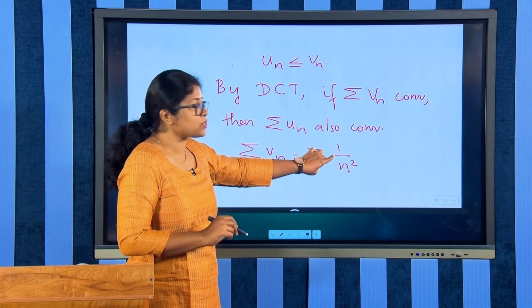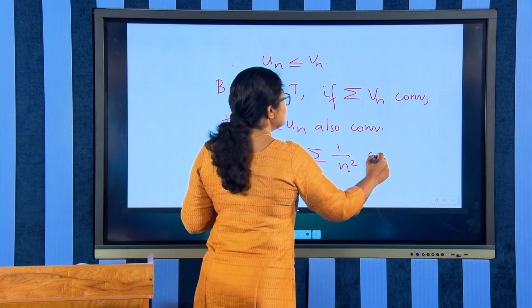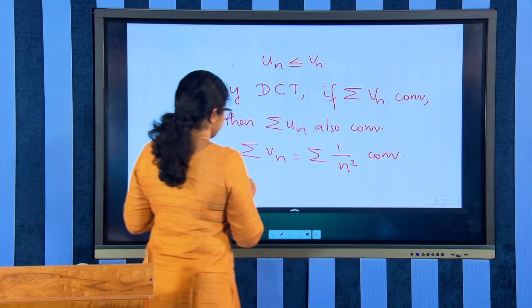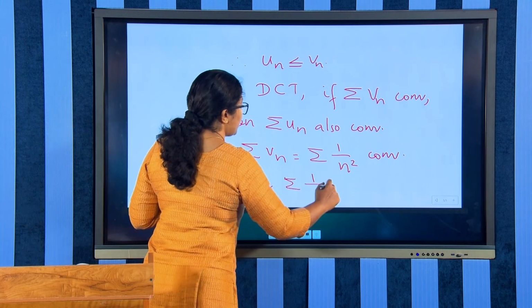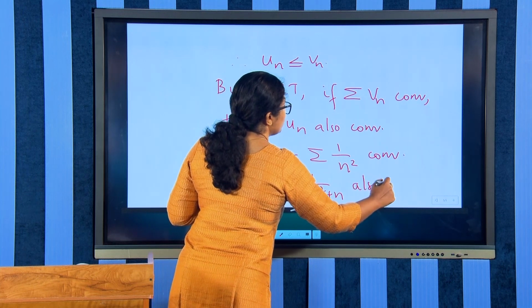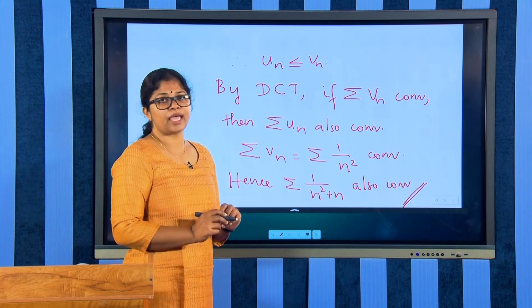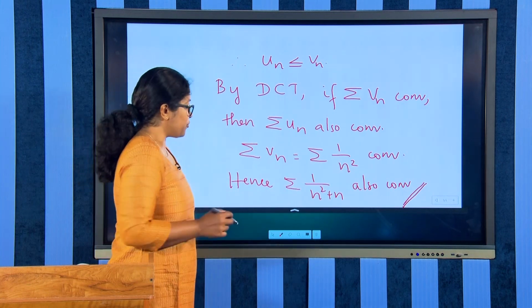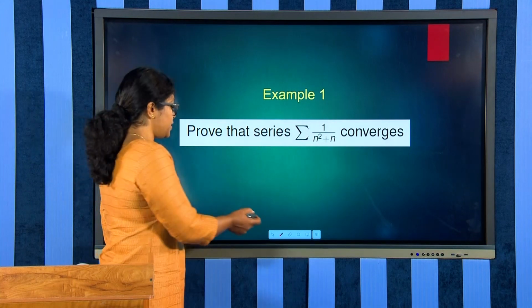Summation 1 by n square converges, we had proved that. So, this converges, and hence the given series sigma 1 upon n square plus n also converges by the direct comparison test, and that completes the proof of the first problem. This is how we solve this question.